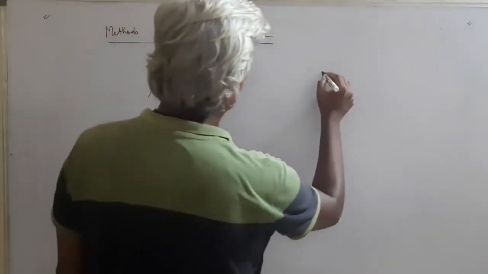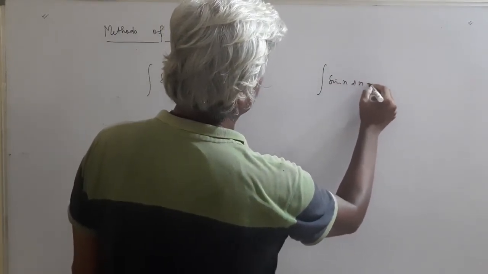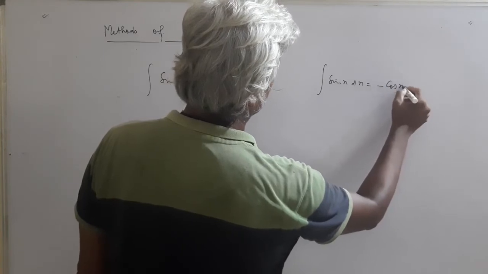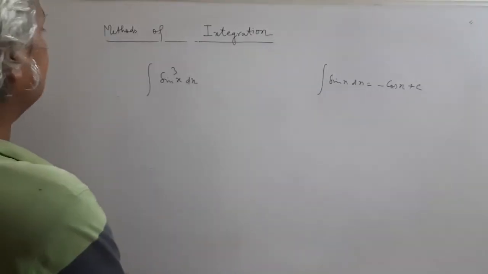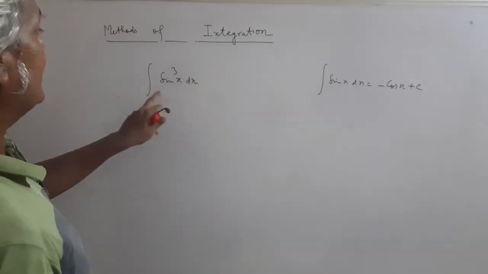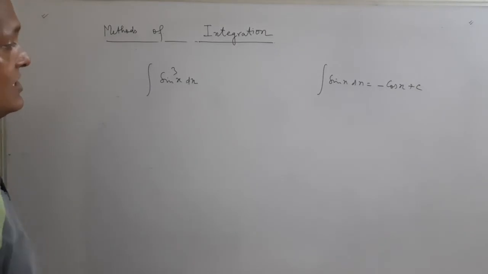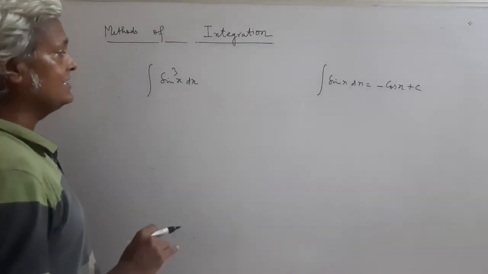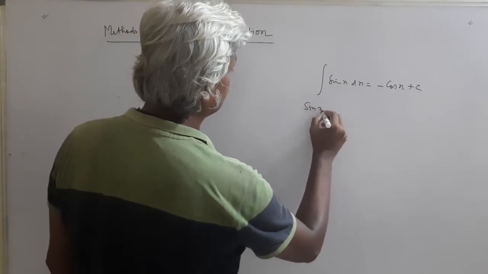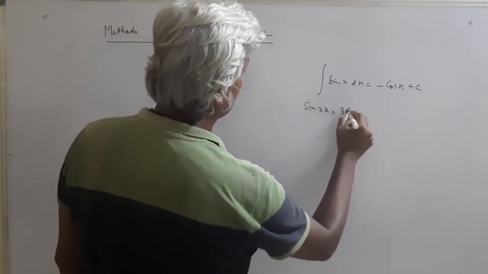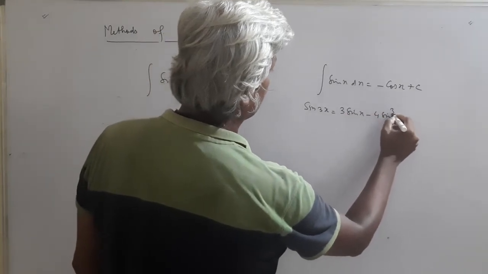You know that we only have one formula that says integration of sine x dx is minus cos x plus c. In this condition we do not have any direct formula which can help you find the integration of sine cube x dx, but you have one relation which you have studied in the trigonometrical identities: sine 3x is 3 sine x minus 4 sine cube x.